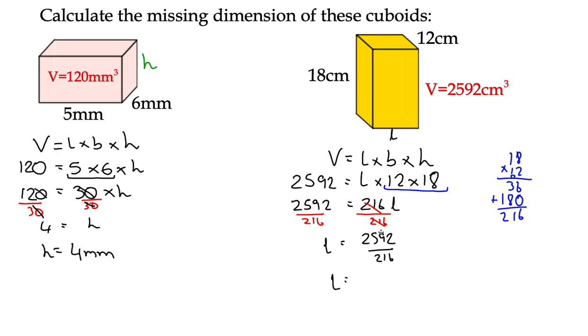I could start to simplify the fraction. In this case, I'm going to reach for my calculator. 2592 divided by 216 gives me 12. I could have tried to simplify the fraction and that would be fine, but just to save a bit of time just now, we're going to go with 12. The units are all centimetres, and therefore the length of that dimension is 12 centimetres.